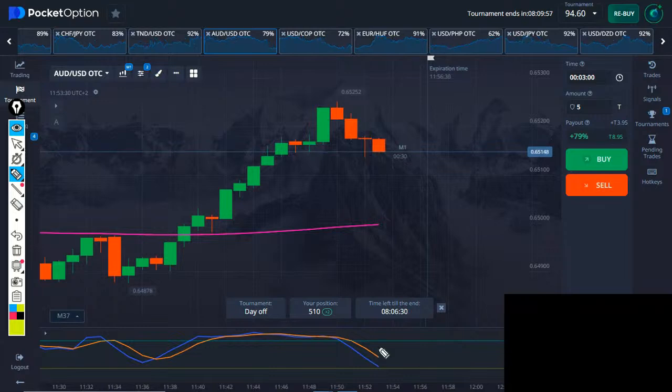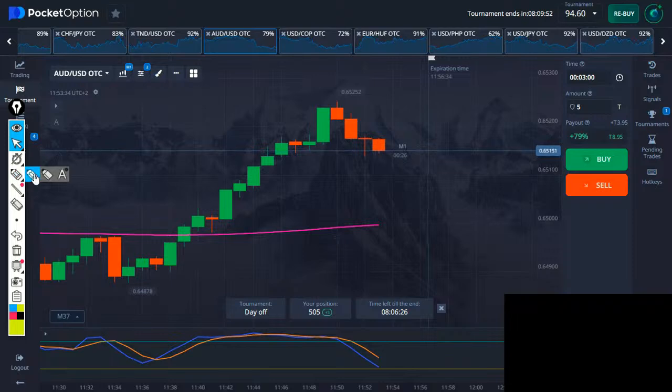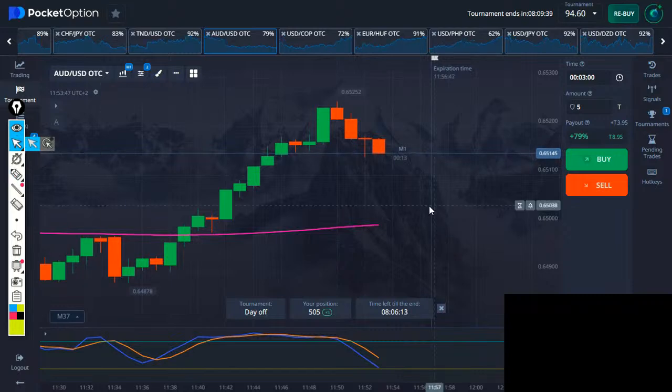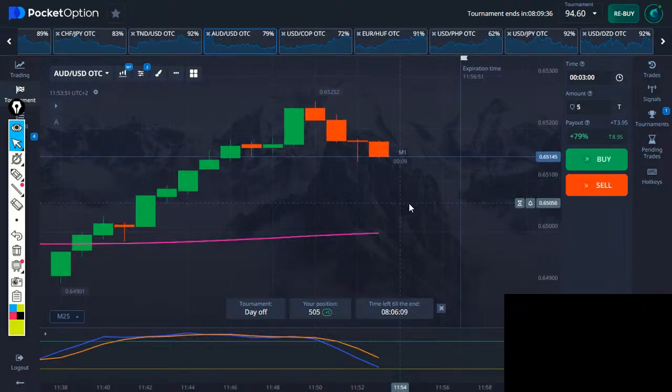So we still need the stochastics to reach the oversold level, and cross to the upside, then we take a buy. Okay, let's wait for it.